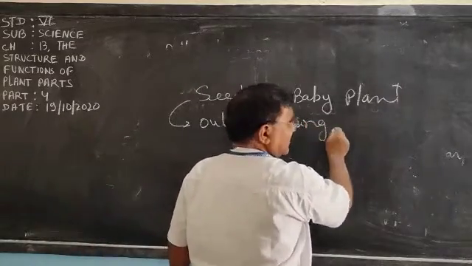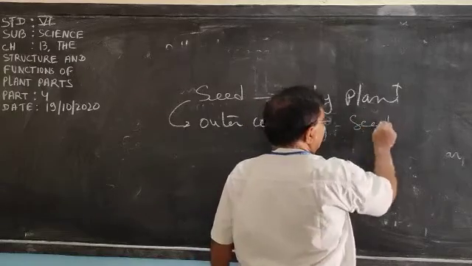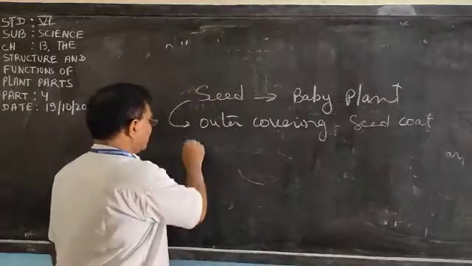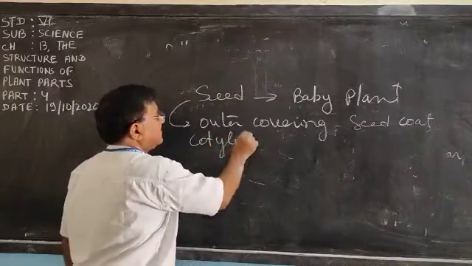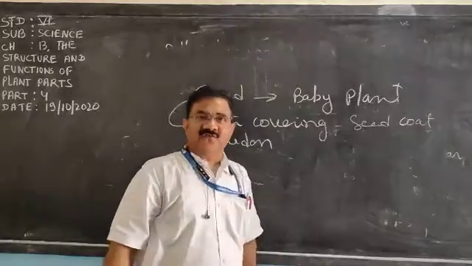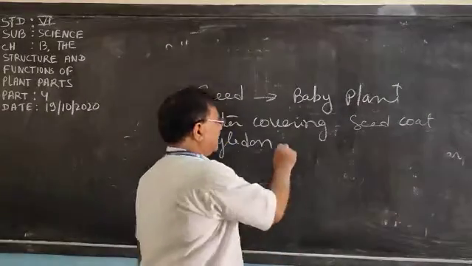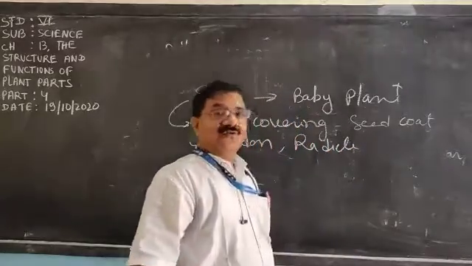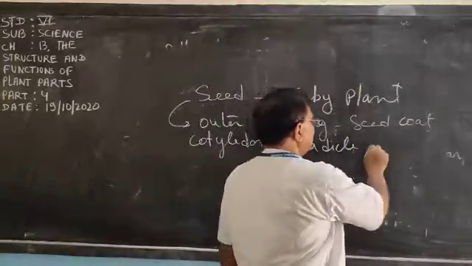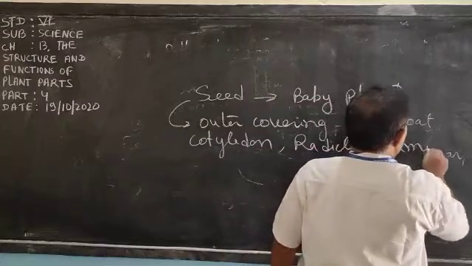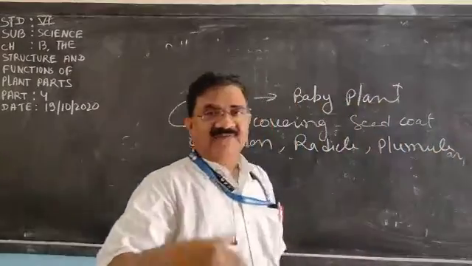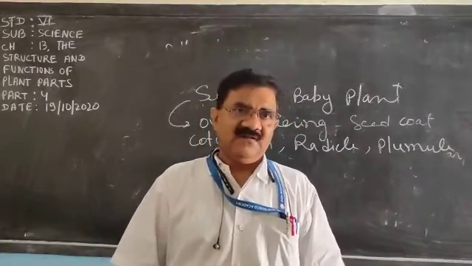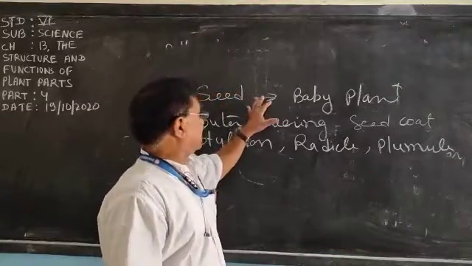The outer covering is called the seed coat. It also contains cotyledon, in which food is stored; radicle, which develops to grow the root; and plumule, which develops to form the shoot system. So that was about the seed.